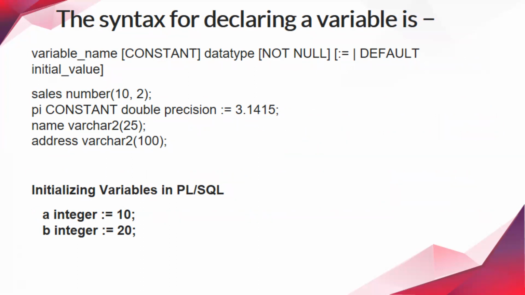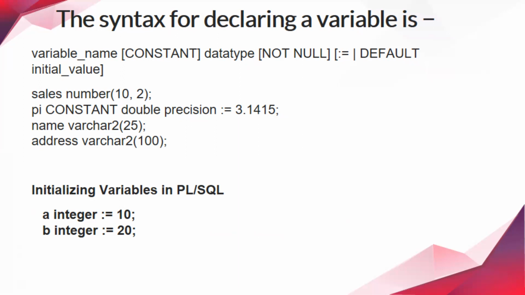Similarly, pi constant double precision, name varchar2(25), address varchar2(100). Name and address are variable names, and varchar2, number, and double precision are data types. Within the brackets you mention the value or size of your variable.